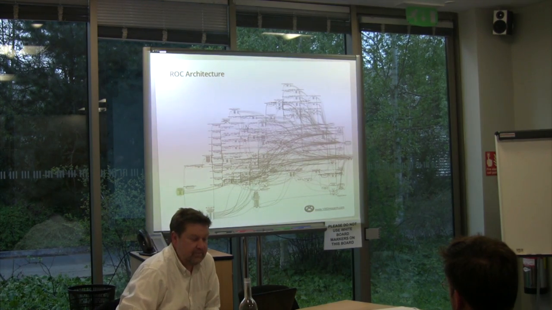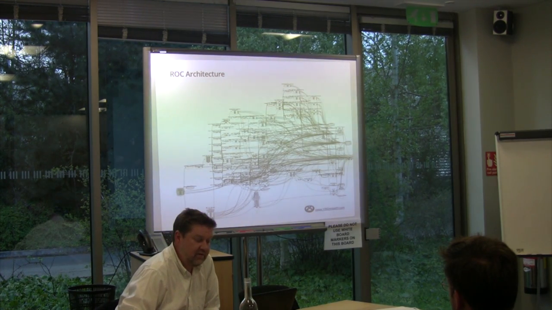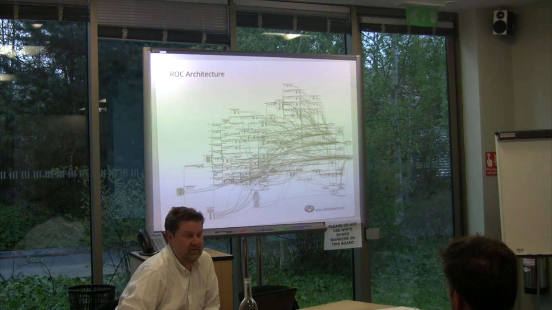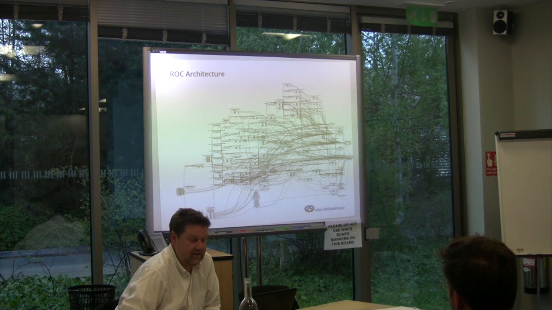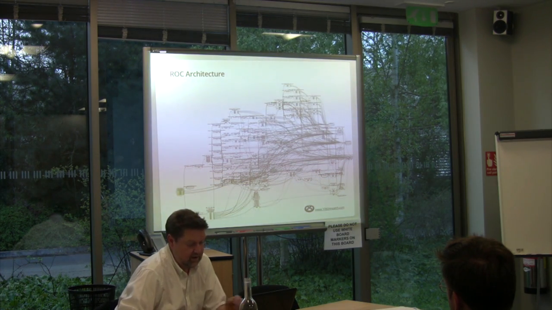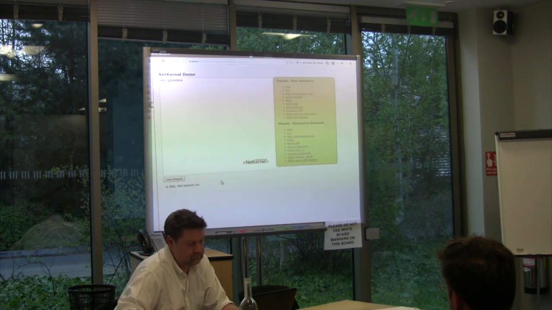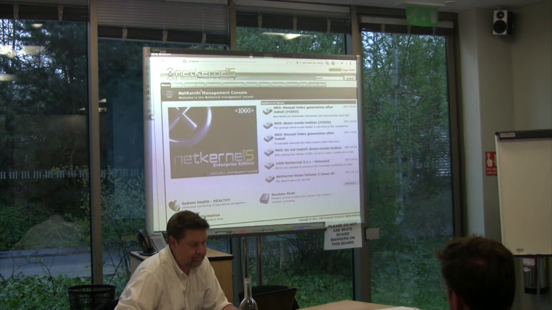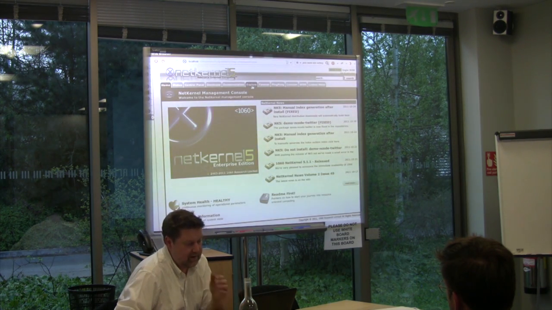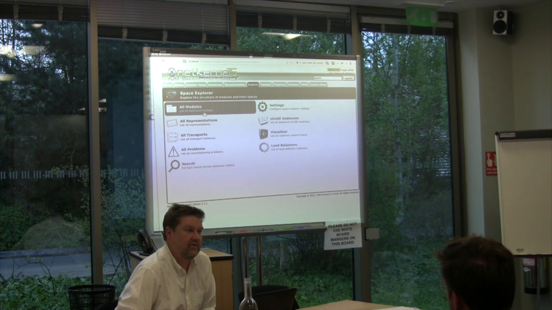What you end up doing is you end up focusing on very small units that contain really quite simple capabilities, quite simple functionality. And then that functionality starts to grow and become complex through simple relationships. So what I'm showing you here, I'll show you it for real, is my NetKernel system. Because NetKernel is built out of all these spaces.